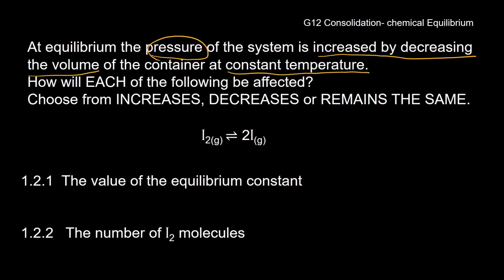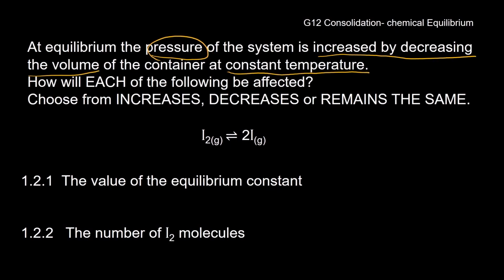So they're now going to give us scenarios and ask us how these things are going to be affected. How will each of the following be affected? The first one is the value of the equilibrium constant. Now, we already know this. The equilibrium constant, Kc, is only affected by temperature.